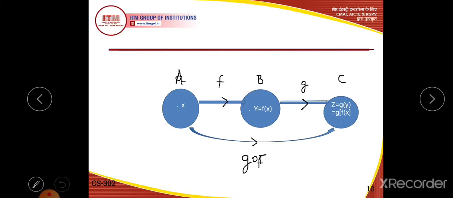Now we can understand the definition by this example. In this example, three sets are there, A, B and C. All are non-empty sets. In set A, we take one element x.